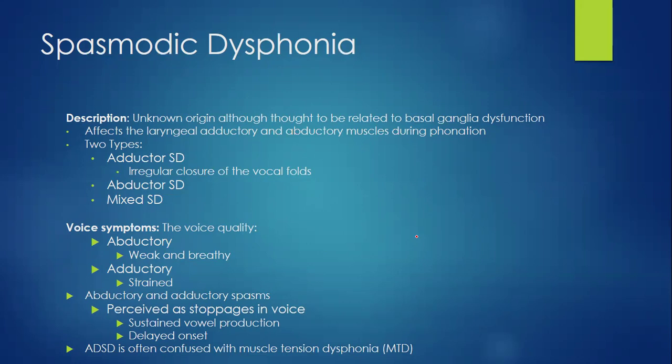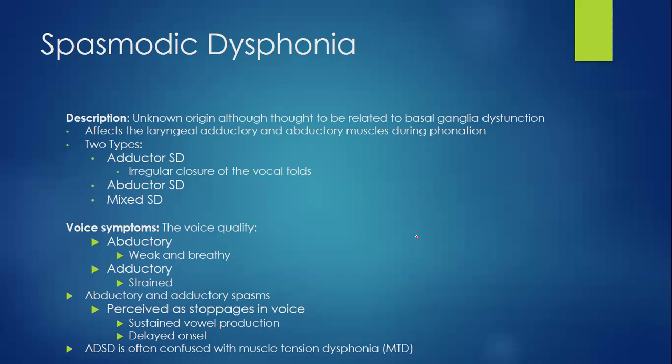So we don't know the origin of it, but it's thought to be related to basal ganglia dysfunction. And there are two main types of it: adductor spasmodic dysphonia and abductor spasmodic dysphonia, but a person could also have mixed. So I probably could say three types.